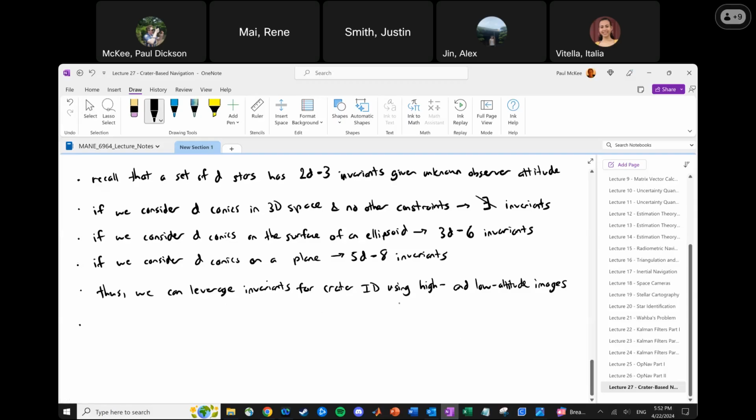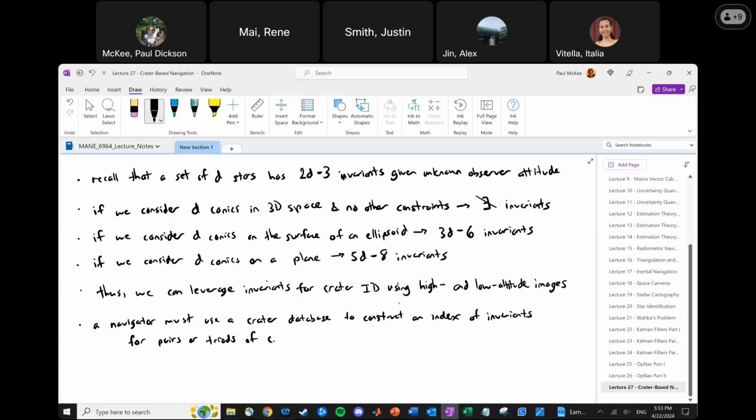So when we try to solve this, a navigator must use a crater database to construct an index of invariance. Sound familiar? For pairs or triads of craters before flight.